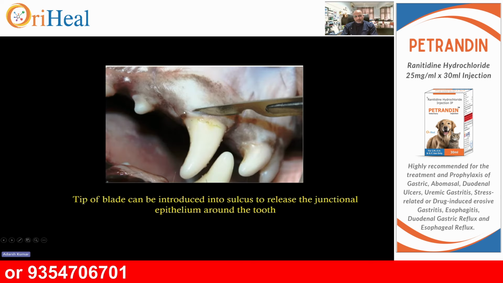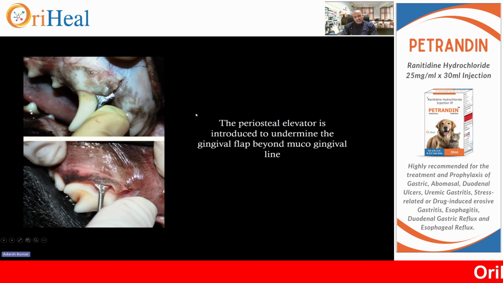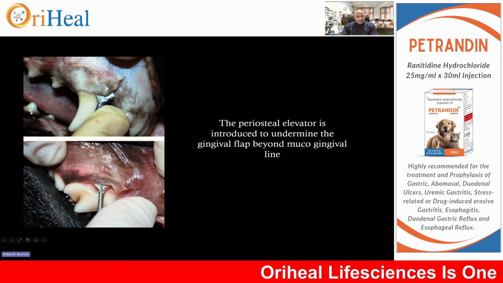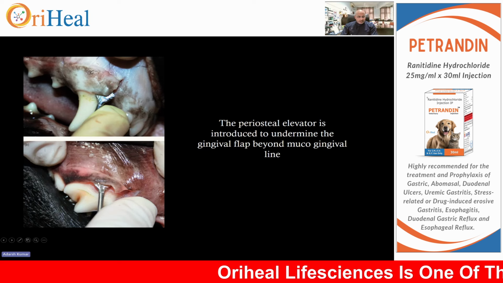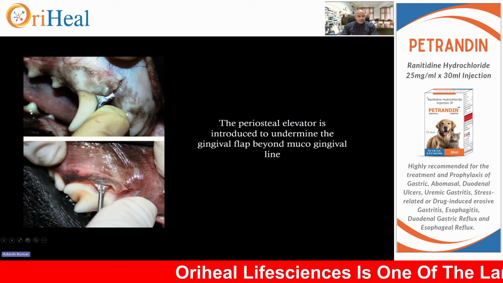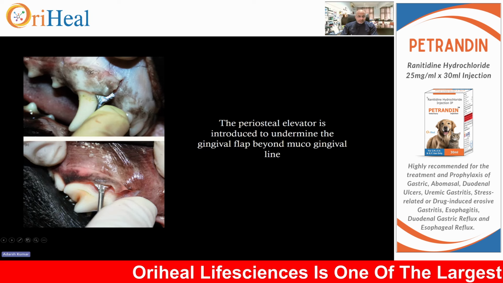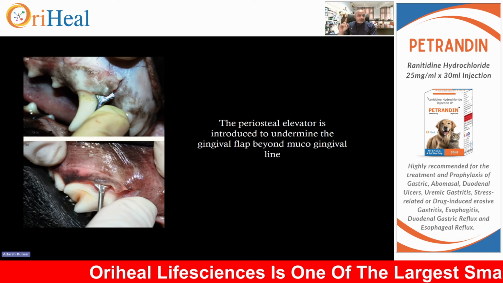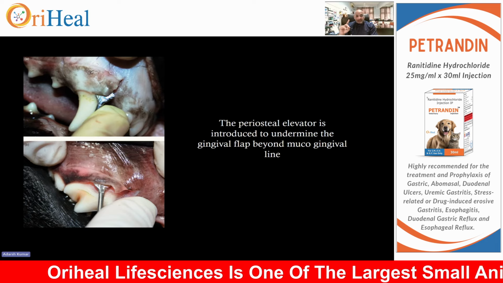This is the intrasulcular incision here, right? So it is given at the junctional epithelium. And with the help of the periosteal elevator, which I showed you earlier, try to create a tunnel here. Undermine the tissue gently, very gently. You should be very, very gentle, especially if it is a cat, because the mucosa is very thin in the cat.